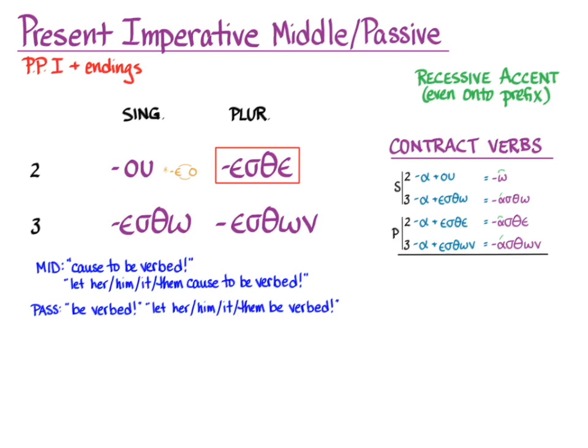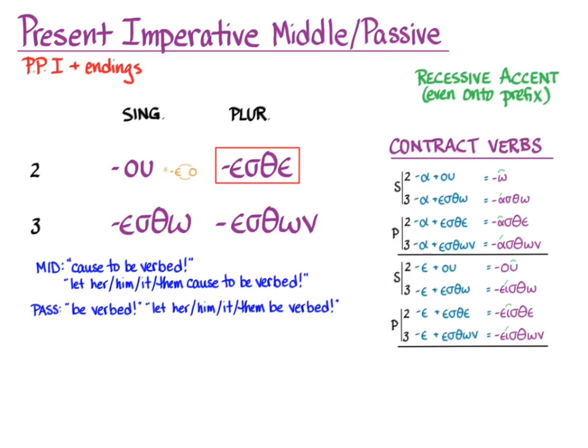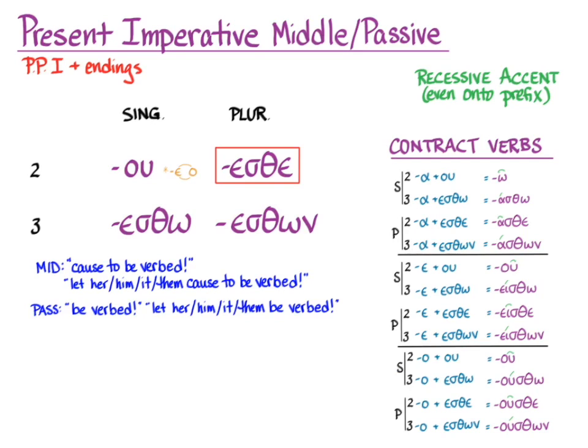So in the alpha contract, we'll get -ō and -asthō in the singular, and -asthe and -asthōn in the plural. For epsilon contract, we'll get -ou and -esthō in the singular, and -esthe and -esthōn in the plural. And then for omicron contract, it will be -ou and -ousthō in the singular, and -ousthe and -ousthōn in the plural.